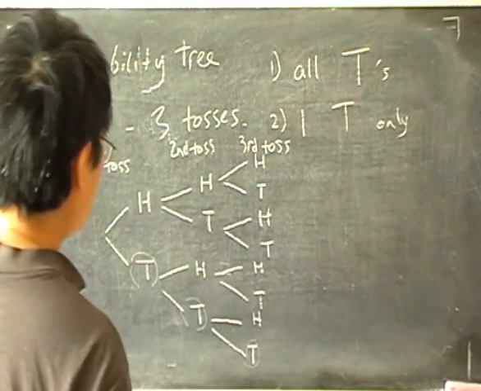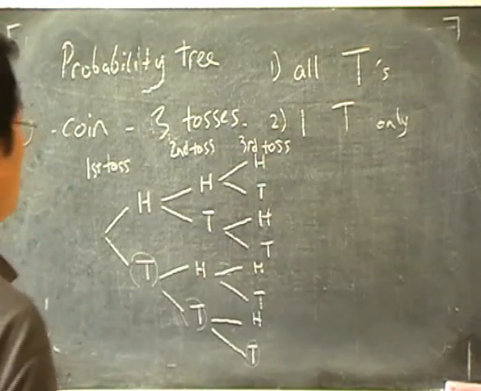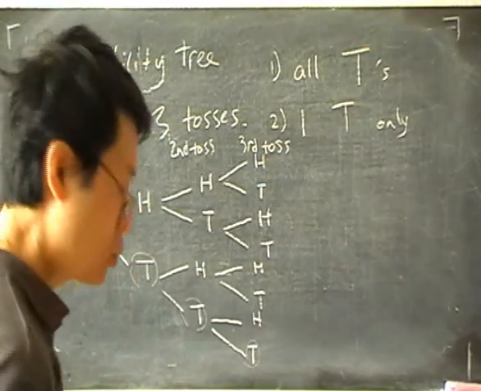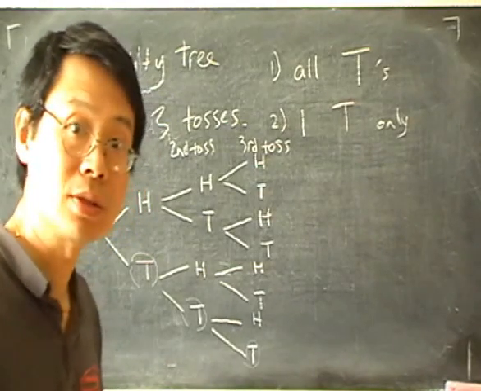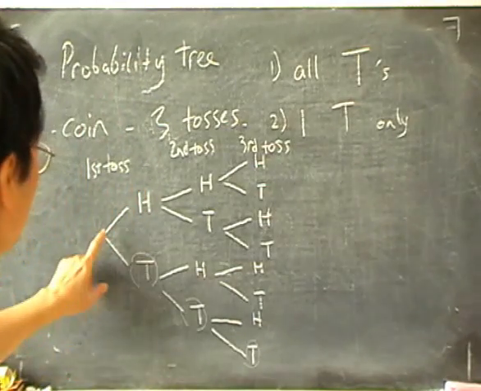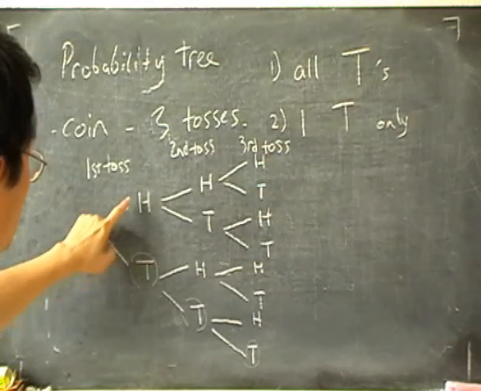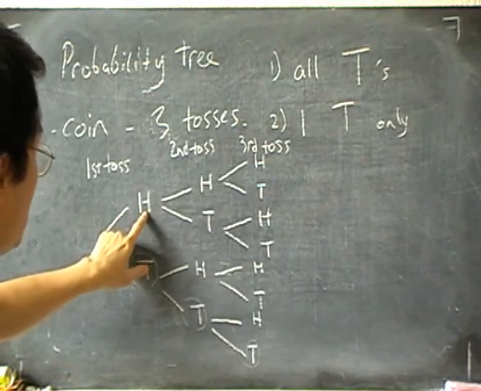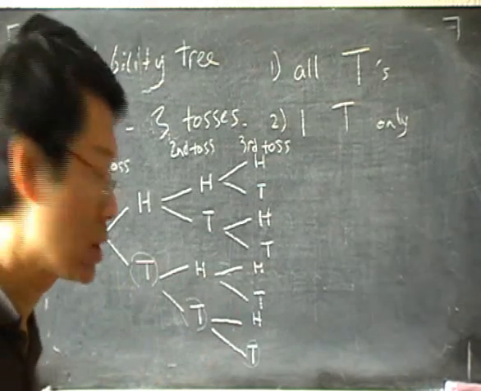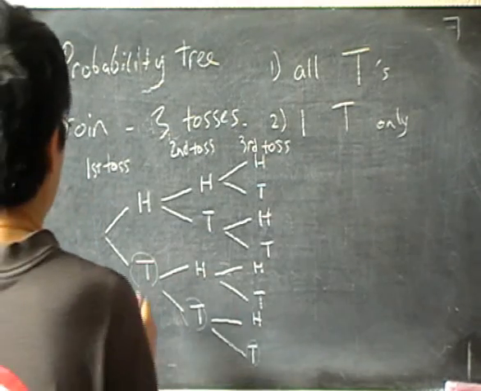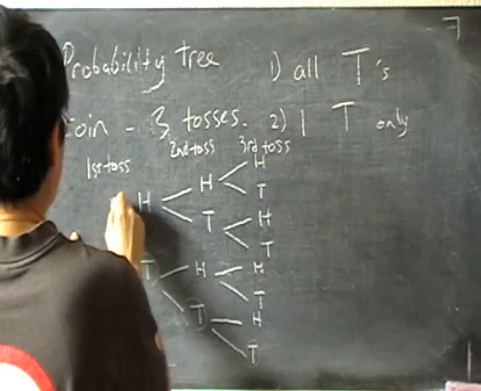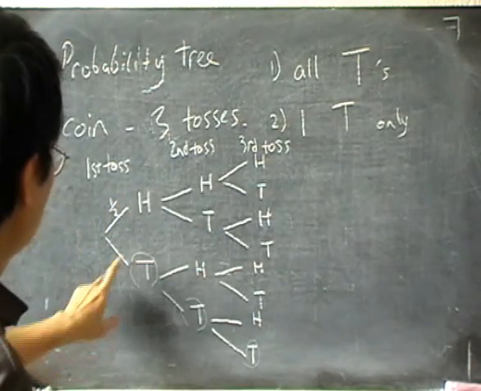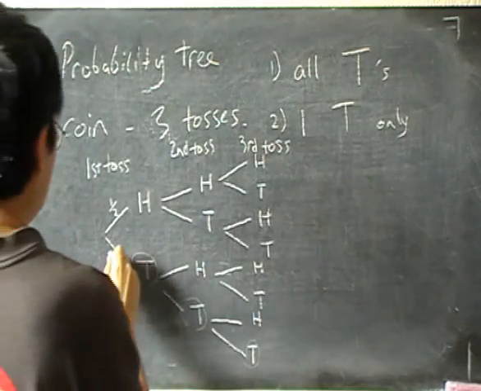And the next thing we could do is that on each branch, write down the probability of that branch. For example, this branch is about getting a head when you toss it. And the probability of getting a head is half. The probability of getting a tail is also half.